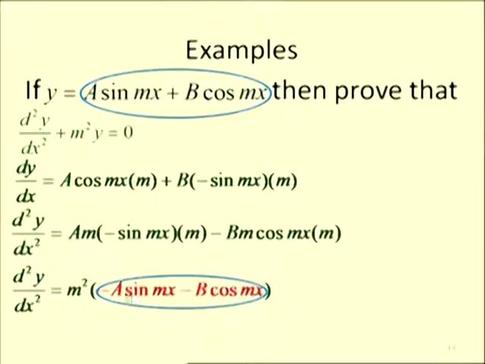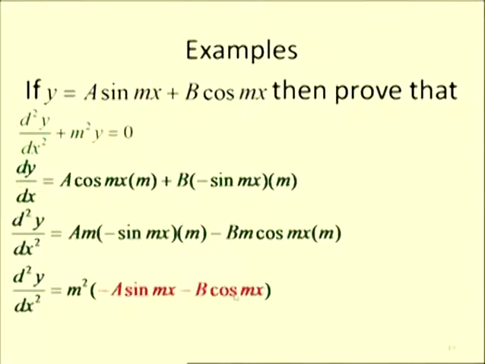So if we write minus y in place of this red color font, we have this is minus y, and if we take minus m square y on that side, it gives d2y by dx2 plus m square y is equal to 0. So m square into minus y, that is minus m square y, and if we take minus m square y on the left hand side, it will become plus m square y. So that is what exactly we want to prove.